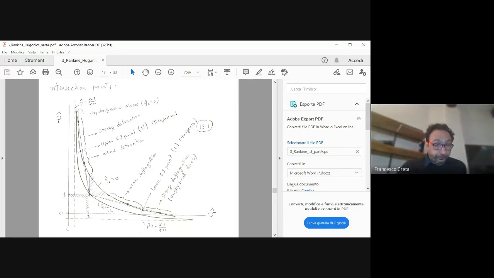So suppose that you take the intersection between the cold shock here, the cold Hugoniot, and the Rayleigh line. We're going to have this solution here. Can you see this?